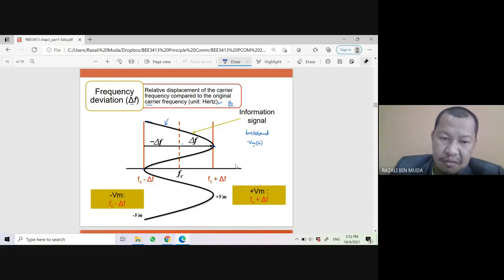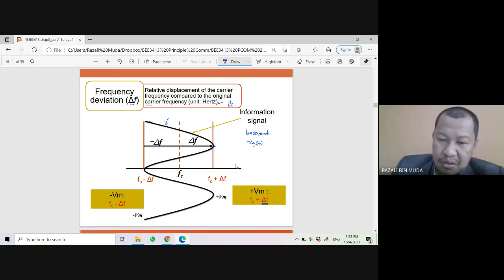For the valley, the negative amplitude, the frequency is FC minus delta F. For the peak, which is the positive amplitude, the frequency is FC plus delta F.